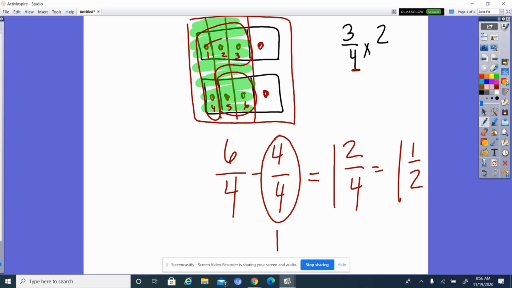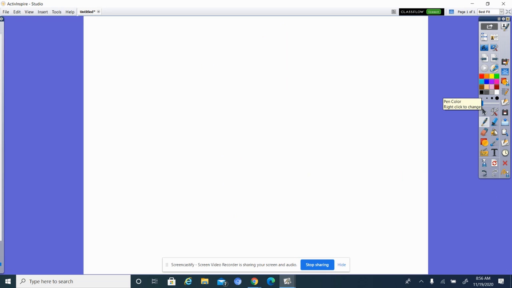Okay, let's look at the algorithm then. 3/4 times 2. Remember, what do I need to do first? Put it over a 1, right? Anything that's a whole over 1 is still a whole. Now, I'm multiplying. What am I going to do? Multiply straight across. 3 times 2 equals 6. 4 times 1 equals 4.